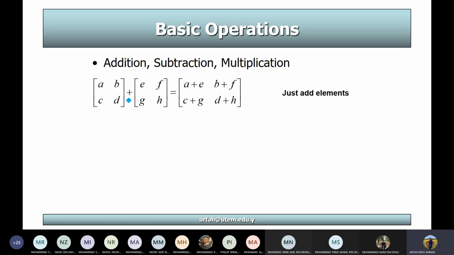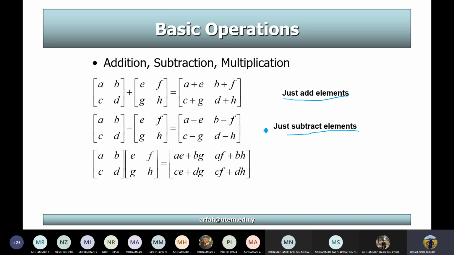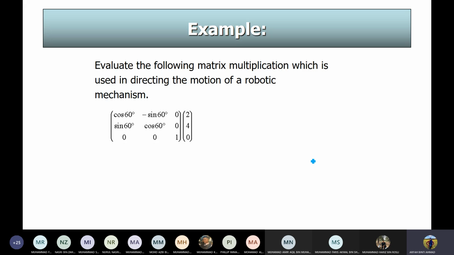So addition of the matrix simple, just add the element. Subtraction of the matrix also simple, just subtract the element. And multiplication of the matrix also simple, just multiply the row to the column. Multiply each row by each column. So this is the recap. So let's say you have this example.